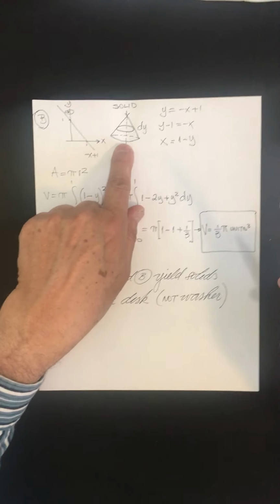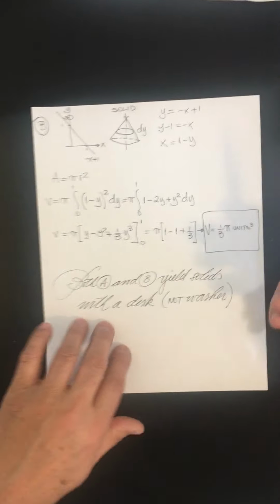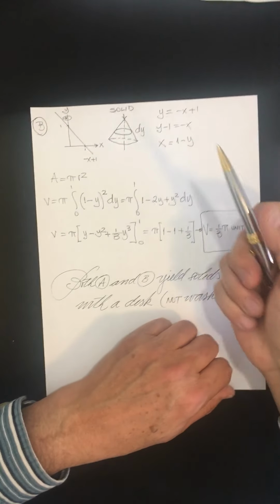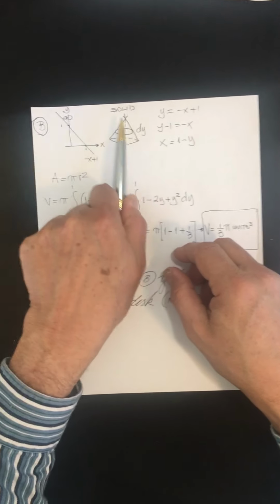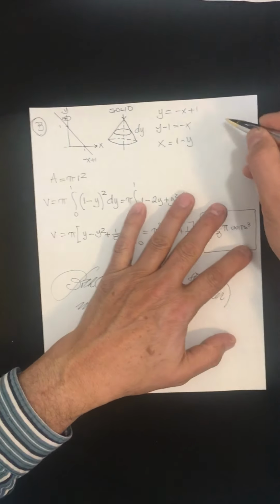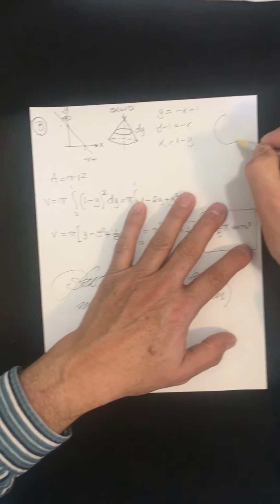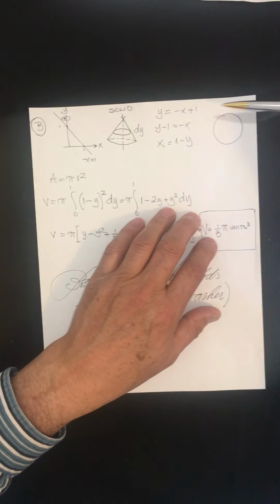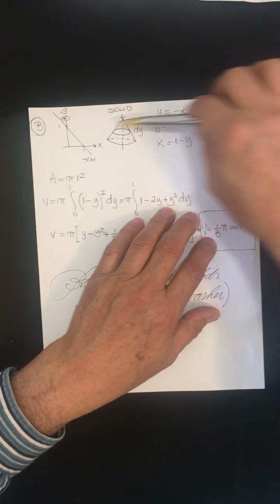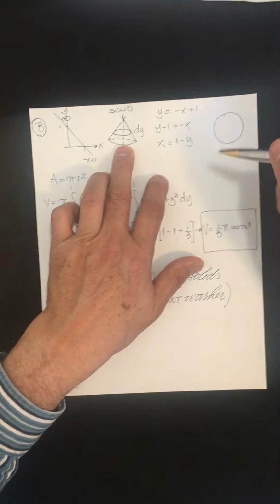The solid is going to be a disc, not a washer. It has no hole in it. But if I continue to cut it over x, I do not get a circle. I must always get a circle. Therefore, the only way to get circles is to cut or slice it over y, and that makes dy.